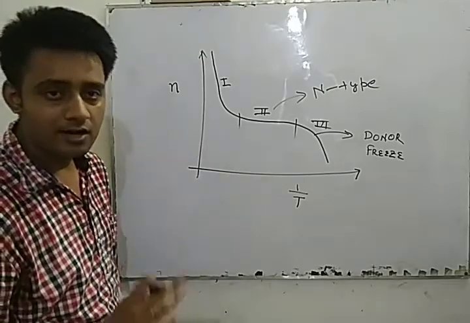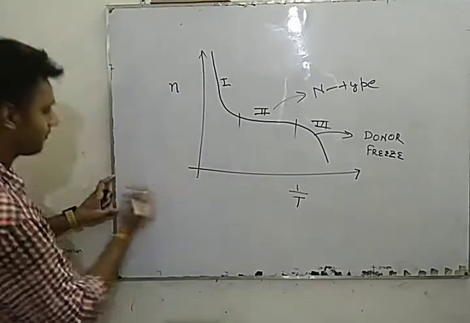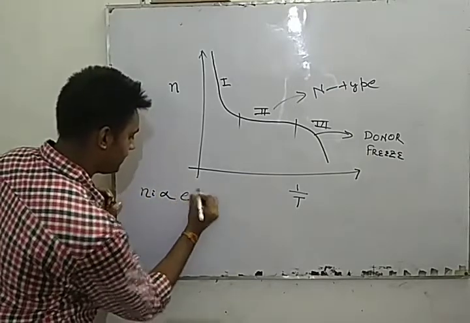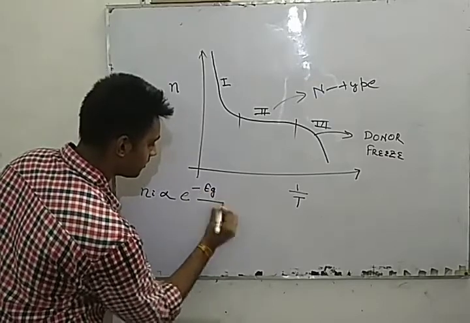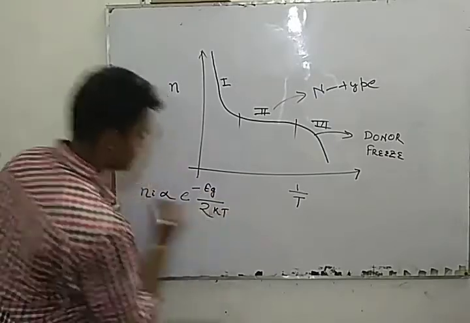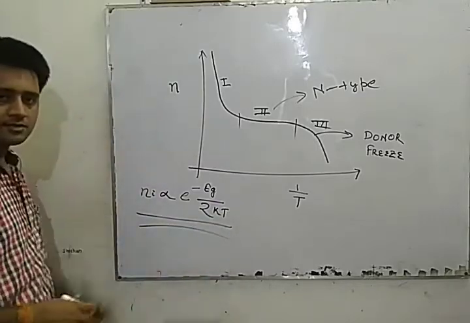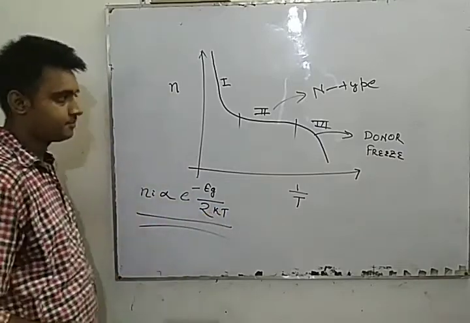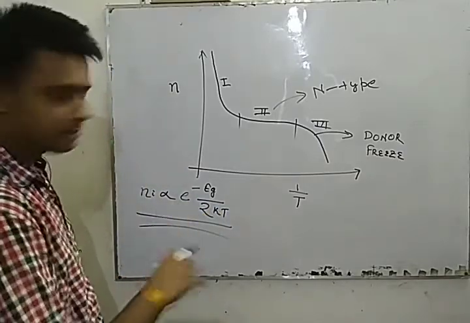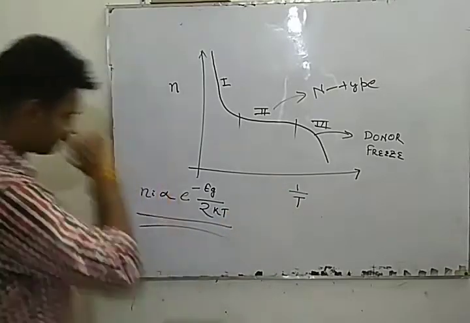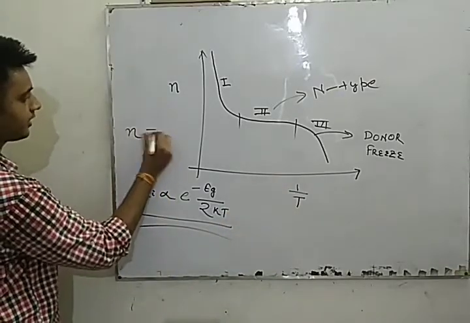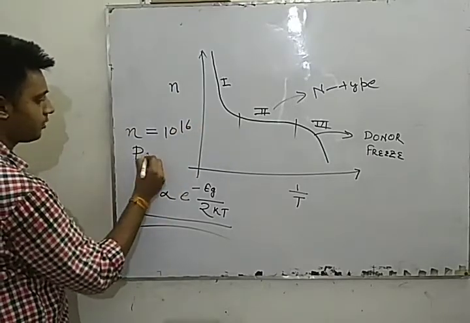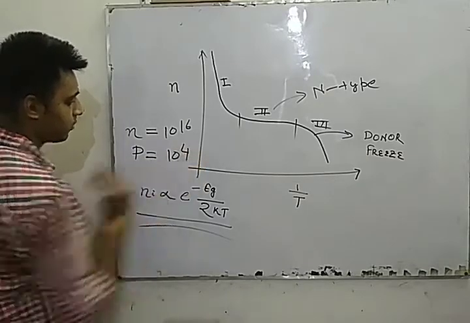Now, as you remember the earlier relationship that we told you, the value of Ni is proportional to e to the power minus Eg upon 2kT. Have you remembered this relation? The value of Ni is exponentially inversely related to the temperature. Let's suppose here the value of N is 10 to the power 16, the n-type semiconductor, and the value of holes is 10 to the power 4.